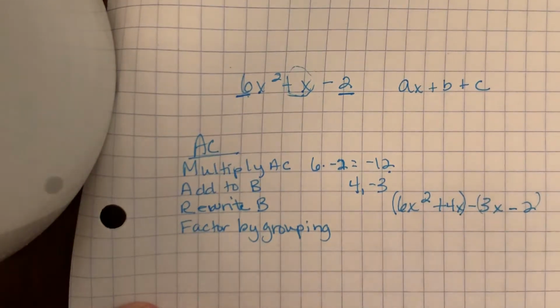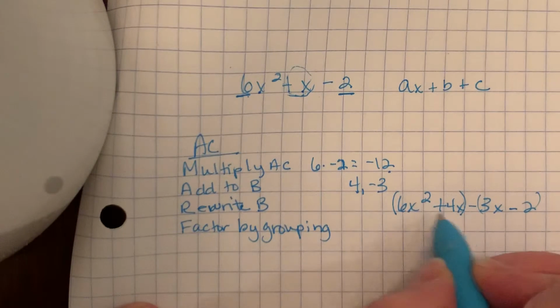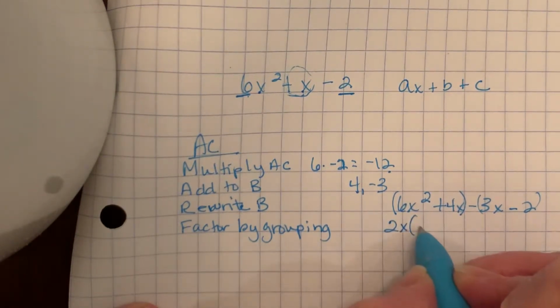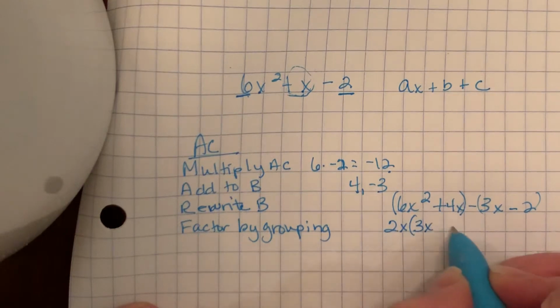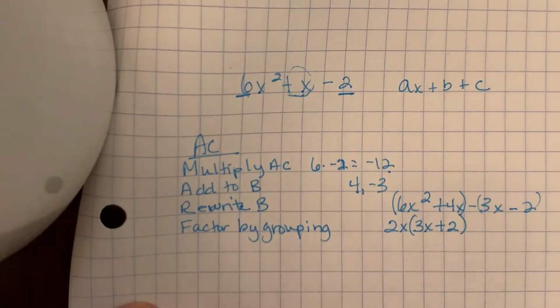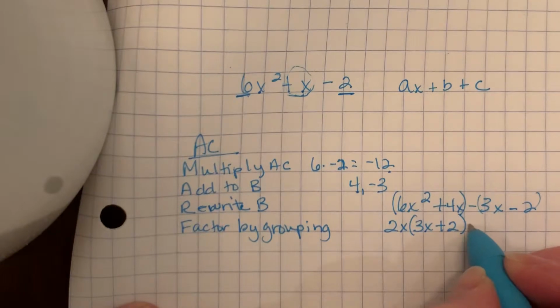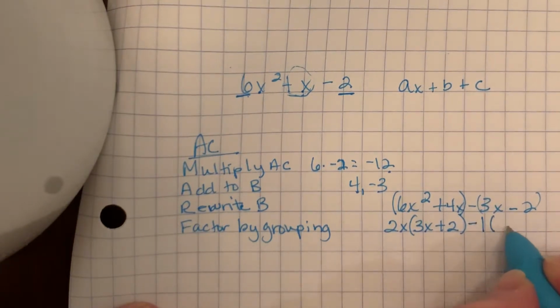And we're going to factor out a 2x here. So we're left with 3x plus 2 here. And then we're going to factor out a -1. So this is really a -3, but when we factor out a -1, we're going to get 3x plus 2 here.